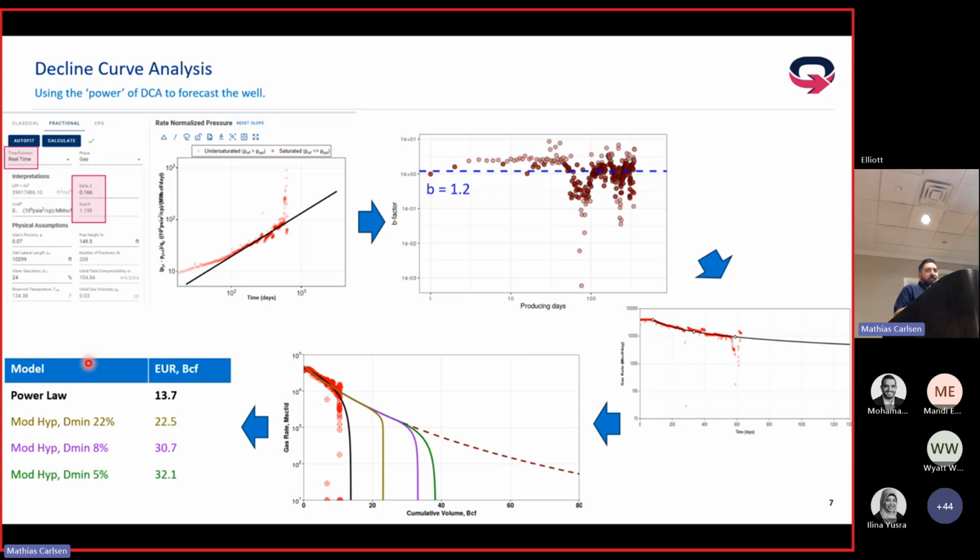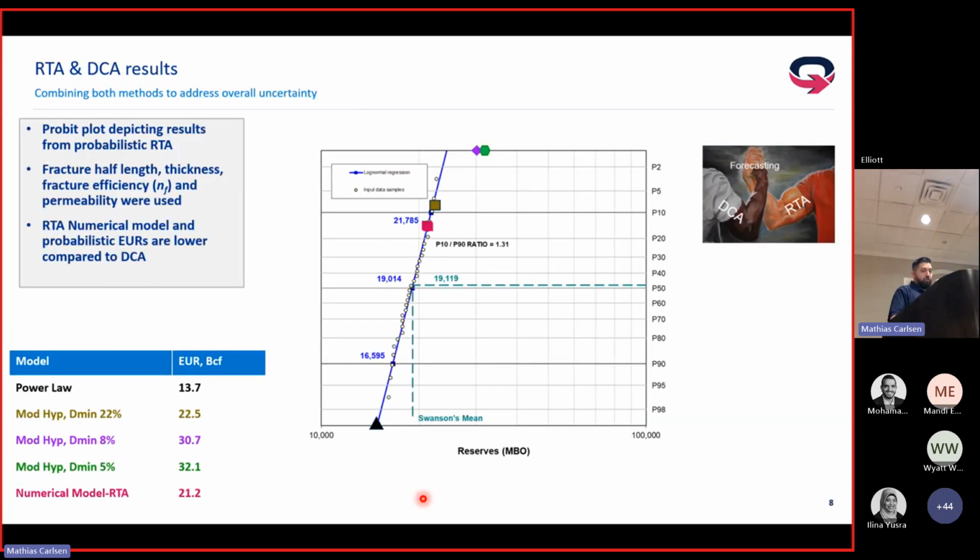But as you can see, the power law here is the most conservative approach, and I've seen that they use that to come up with a terminal decline for a P10 there. And the green one is a 5% terminal decline. So if someone is using 5% and doing some testing here, you can have a wide range of parameters and nuance over there. Nothing new there.